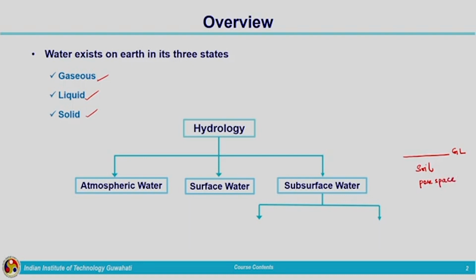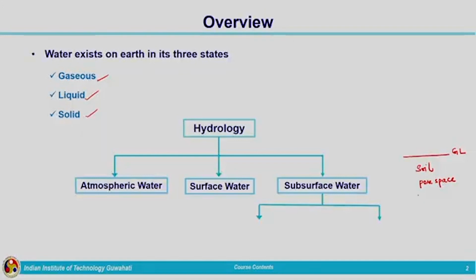Pore space consists of water and air. So, if all the pores within the soil are completely filled with water, then we will call it the saturated zone. And if the pores are filled with water and air, then that zone is termed the unsaturated zone.